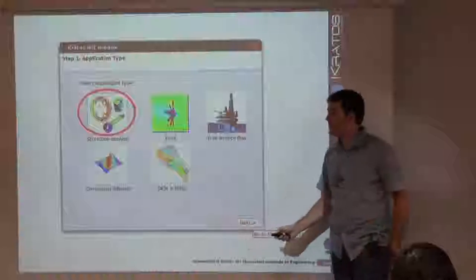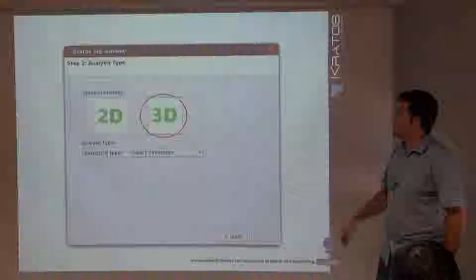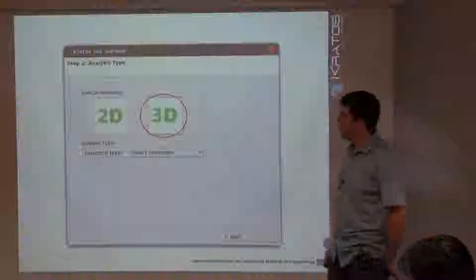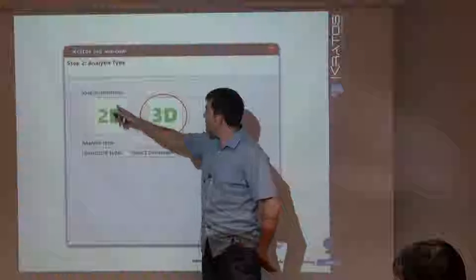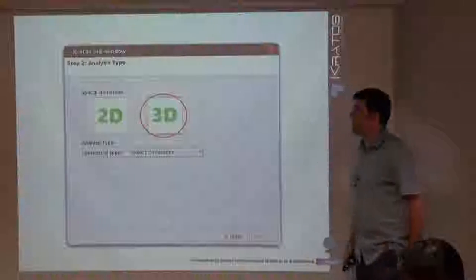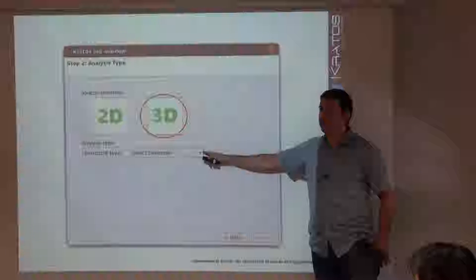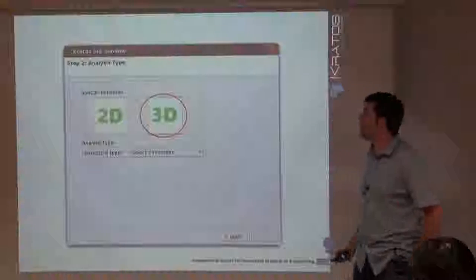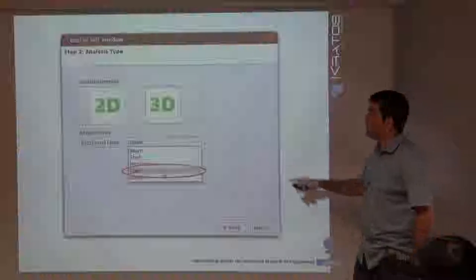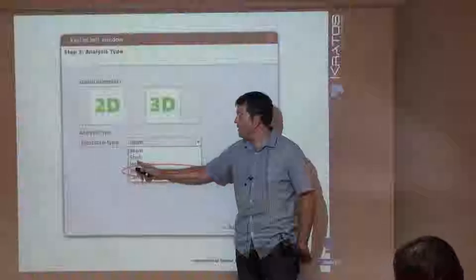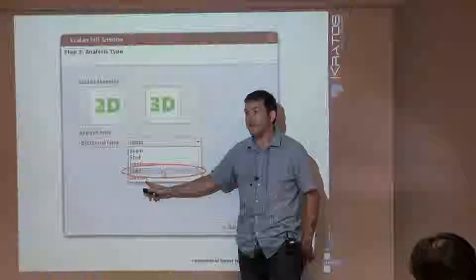So click next. Then you have to select the spatial dimension. So here there is dimension with S and here with T. We have to correct this. You select the dimension. After that, it says what structural type do you want to simulate. So you can choose in the solid mechanics application between beams, shells, membranes, solids, and generic.